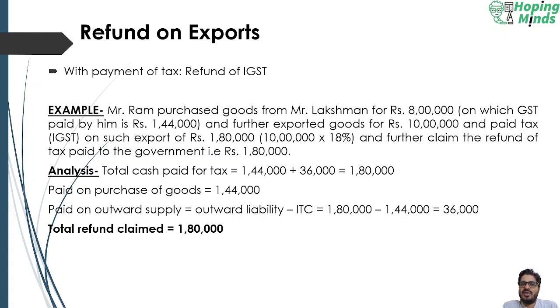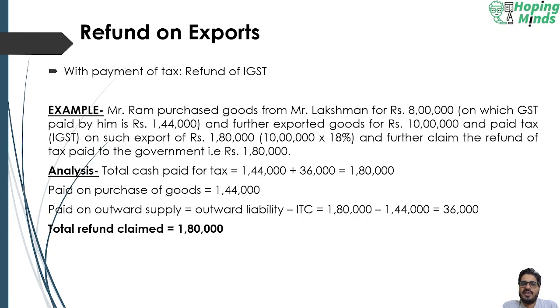Under the first scenario, that is with payment of taxes, the exporter has to pay the applicable GST on the exports and subsequently claim the refund. Whereas in the second scenario, that is without payment of taxes, the exporter does not pay any GST at the time of export and claims the refund of taxes that have been paid at the time of purchase for export.